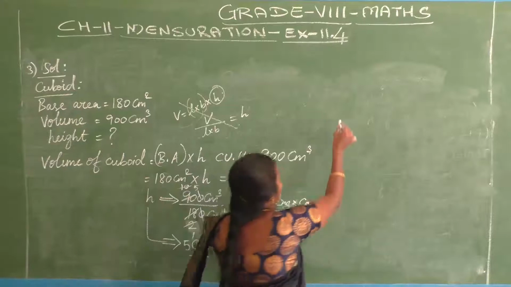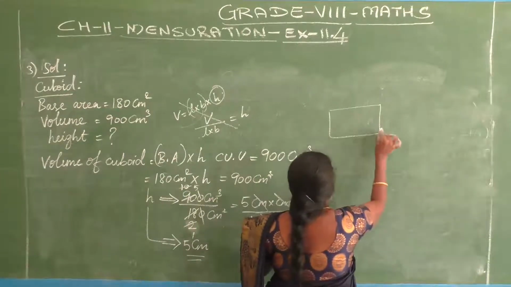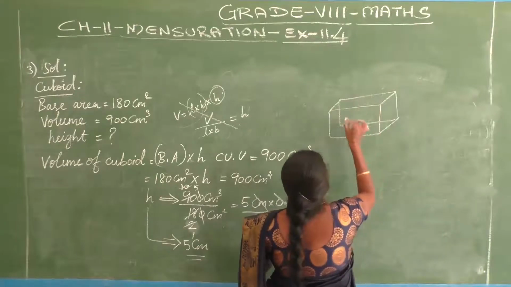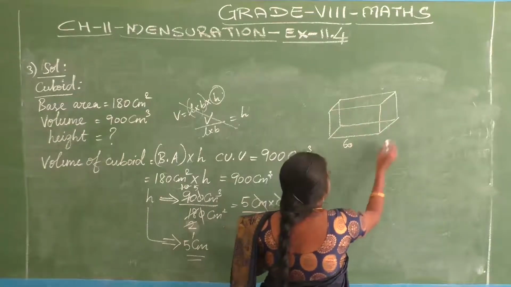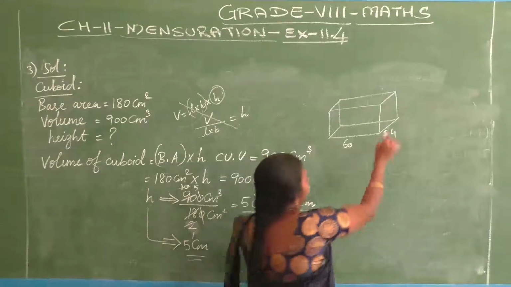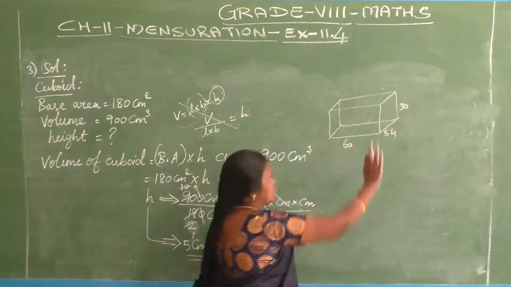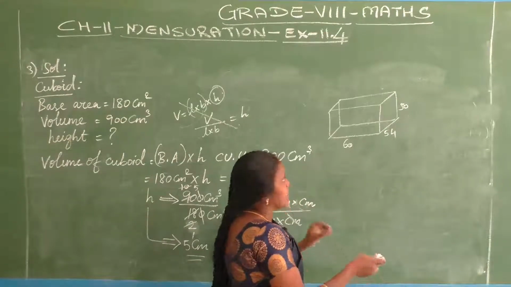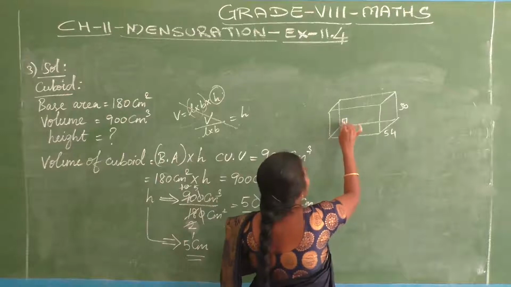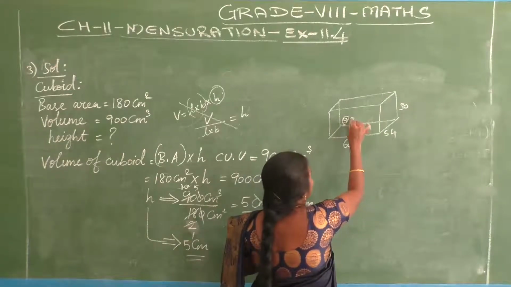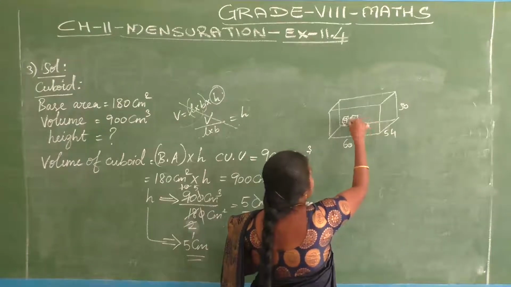See ma, for understanding purpose I am making a figure here. This length is 60, breadth is 54, height is 30. Based on this measurement, one cuboid is there. In that, there is a cube having 6 centimeter to be placed.